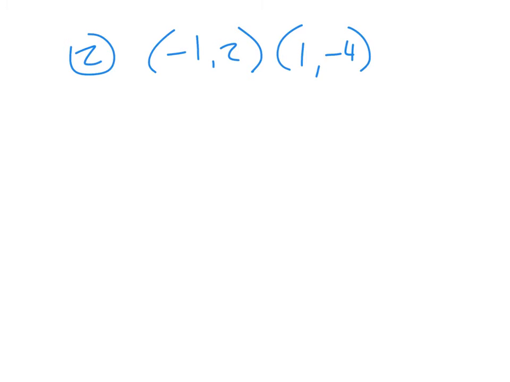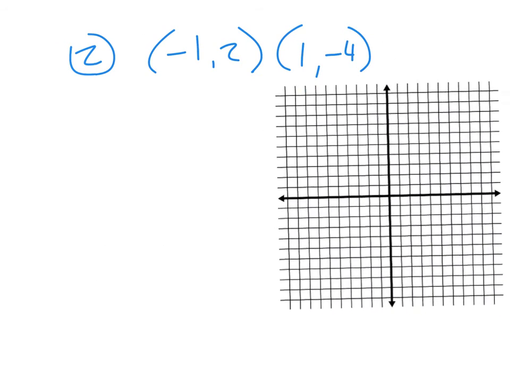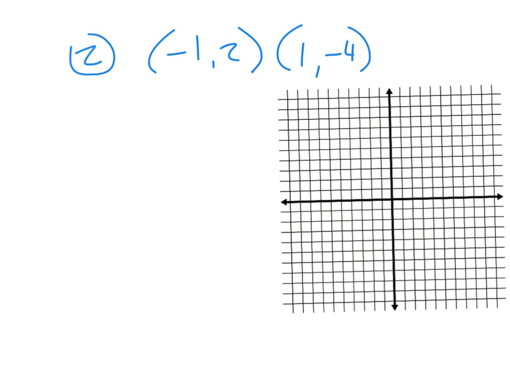All right, number 2 on your own. We have -1, 2 and 1, -4. Grab a graph. Okay, to graph the first point, start at 0, 0. I go to the left, how many? And then I go up, how many? 2.